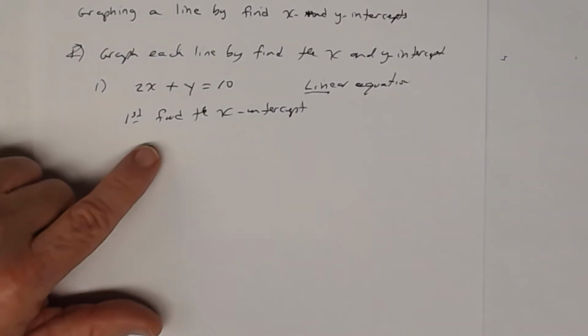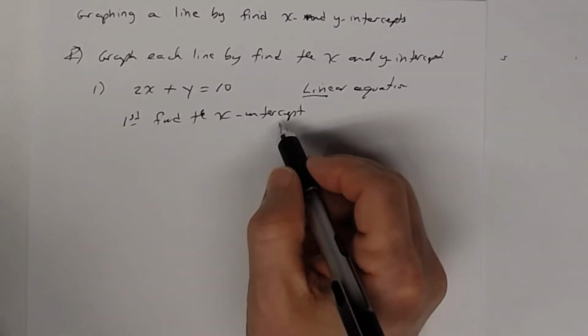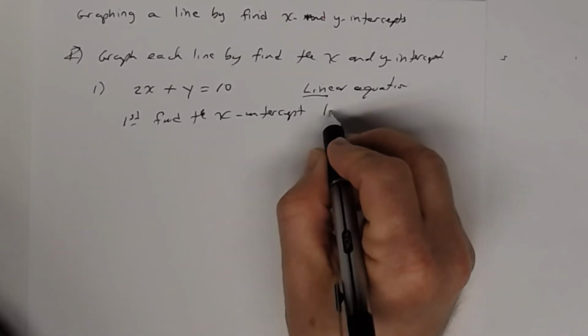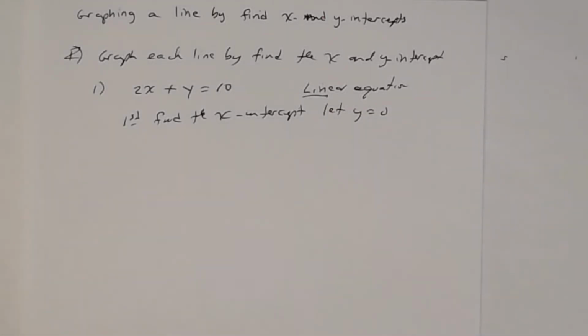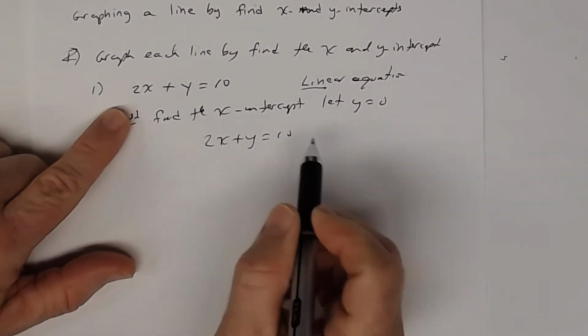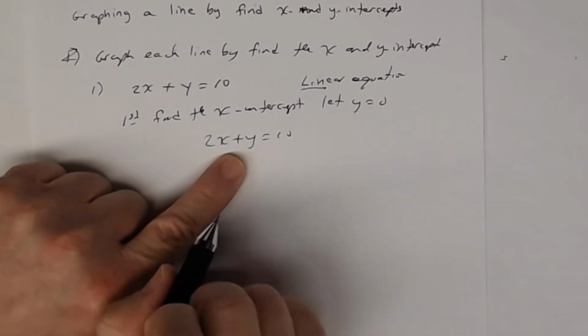Always write it out, because you tend to remember it better when you keep writing things out. So to find the x-intercept, let y equal 0. What does that mean? I'll rewrite the equation to show you. Wherever I see the variable y, I'm going to substitute 0.